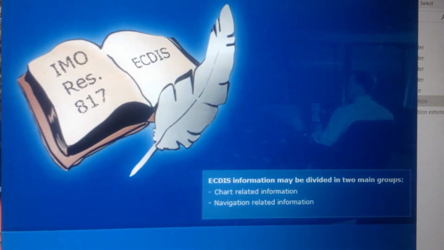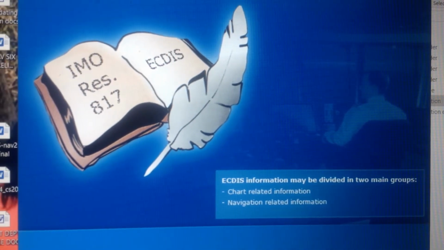Standard requirements, functions and features for ECDIS are given in the IMO Resolution A.817(19) adopted on the 23rd of November 1995.